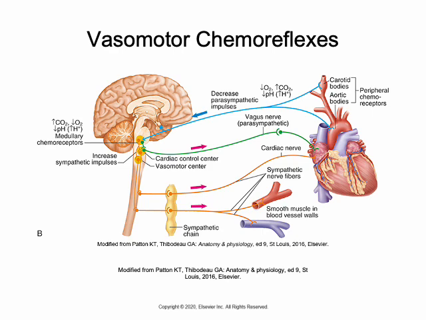So when we have too much CO2 and too low oxygen levels, the vasomotor chemoreflex will be induced and will cause vasoconstriction, which narrows the blood vessel. This response helps to redirect blood flow to the vital organs, so our brain and our heart specifically, and it ensures that we have enough oxygen supply.